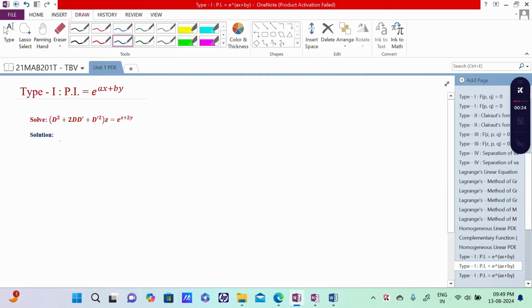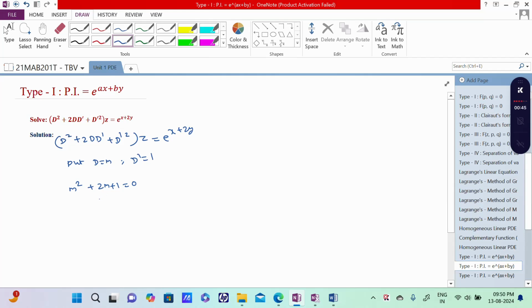First of all, in this equation, we write the auxiliary equation. Put D equal to m, D dash equal to 1. Therefore, m square plus 2m plus 1 equal to 0.